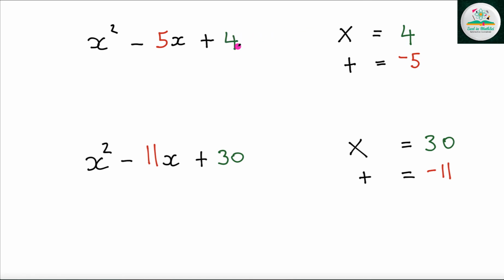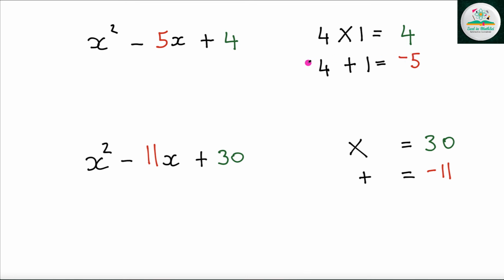The factors of 4 are 2 and 2, but 2 plus 2 gives me 4, not 5. 4 and 1: 4 times 1 gives me 4, and 4 plus 1 gives me 5. But I want a negative 5 there.